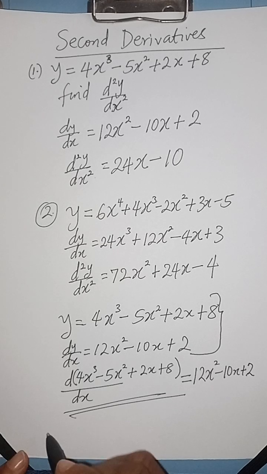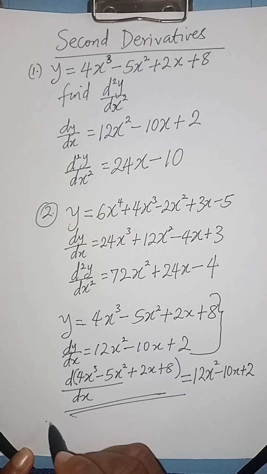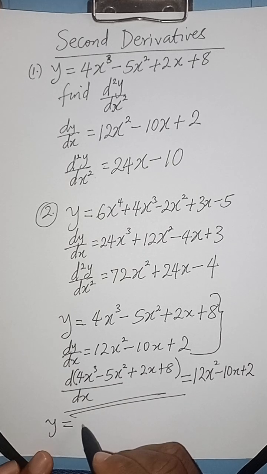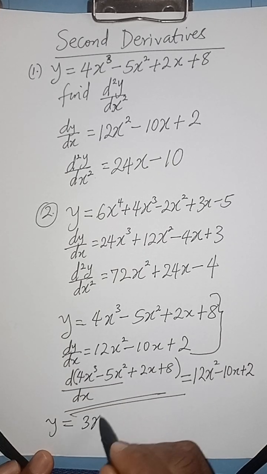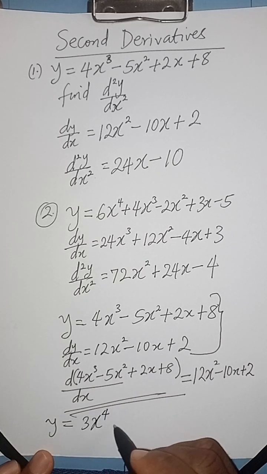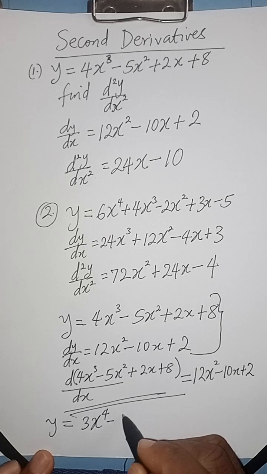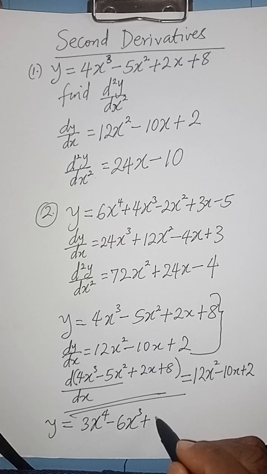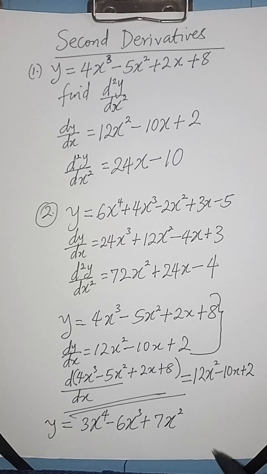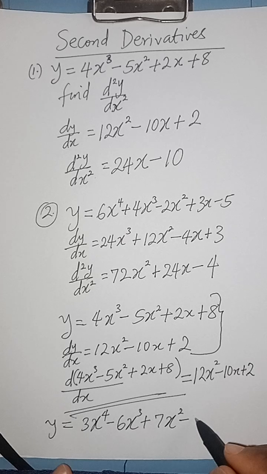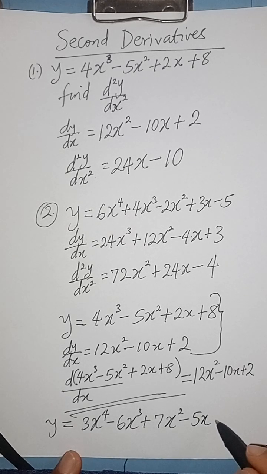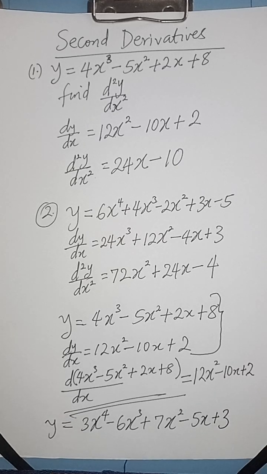Okay, I'm just going to give you one work to do. Let's assume you have y is equal to 3x raised to power 4 minus 6x raised to power 3 plus 7x raised to power 2 minus 5x plus 3.